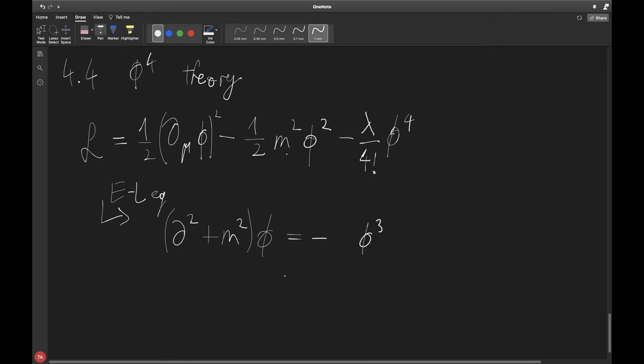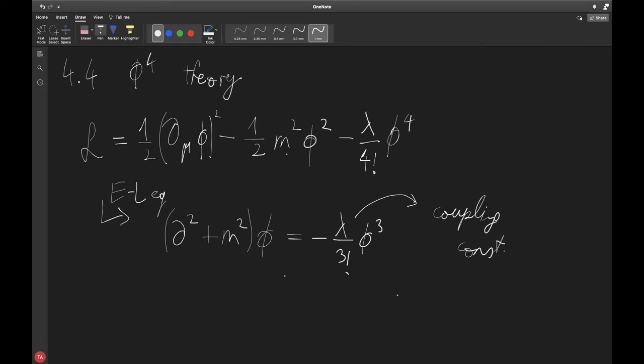You have the 4 coming down, and that was one of the reasons why we used 4 factorial, because now it's going to be 3 factorial, and so we still have the lambda up there. So this lambda is the coupling constant, and it is responsible for showing how strong the force which we included here is.